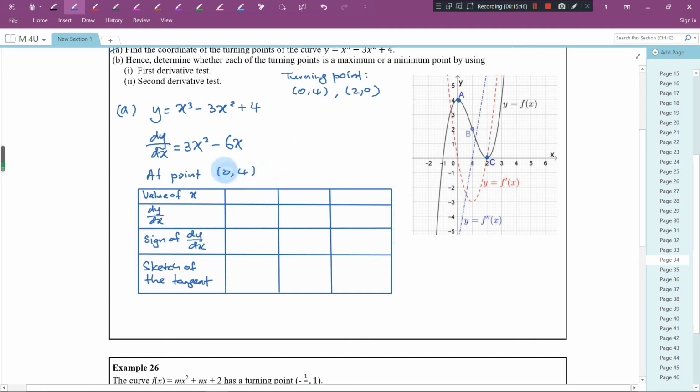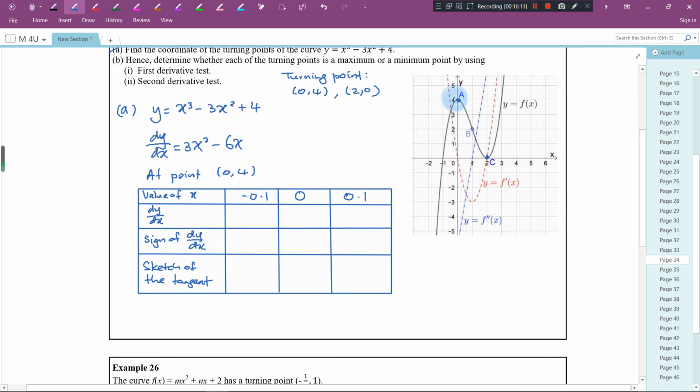First, place the x value for the turning point over here. Then choose a value slightly smaller than this value. How about we use negative 0.1. And this one slightly bigger than this value, 0.1.